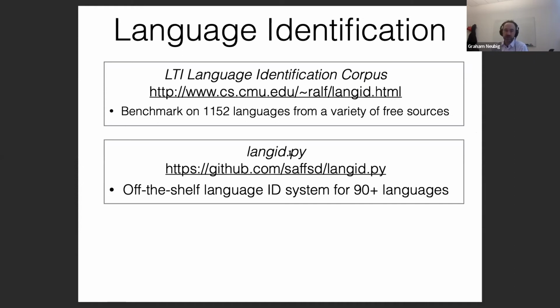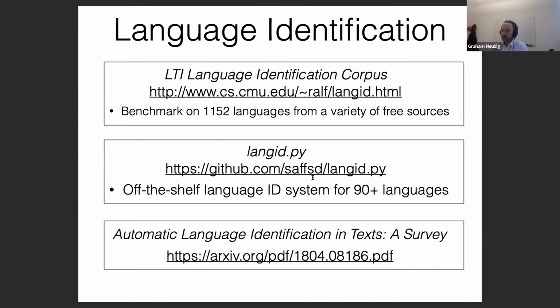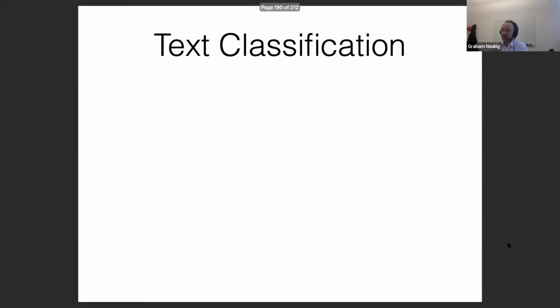I actually don't have a link here, but that's also pretty widely used by people if you want an off-the-shelf method. There's also a nice survey, a little bit old by now, called Automatic Language Identification in Texts, which I can recommend if you're interested in this.